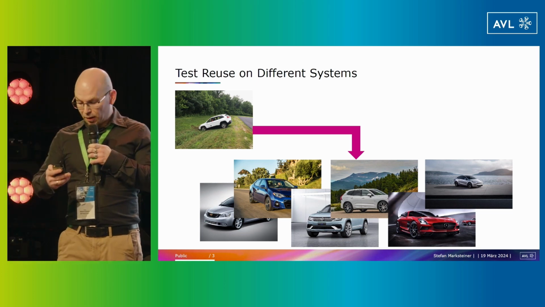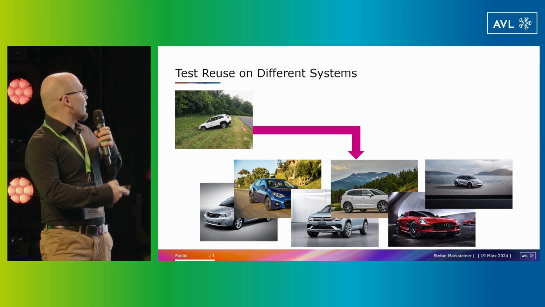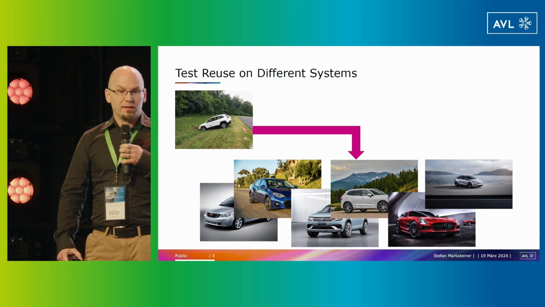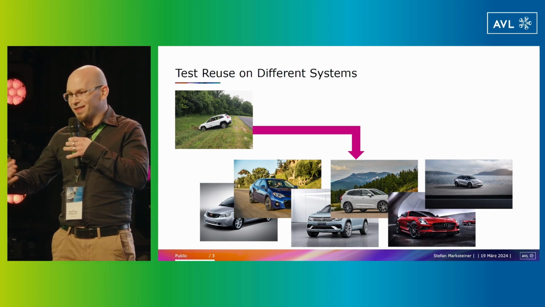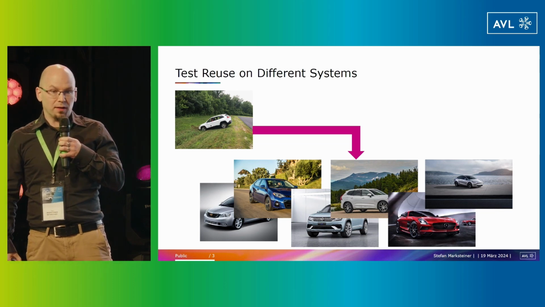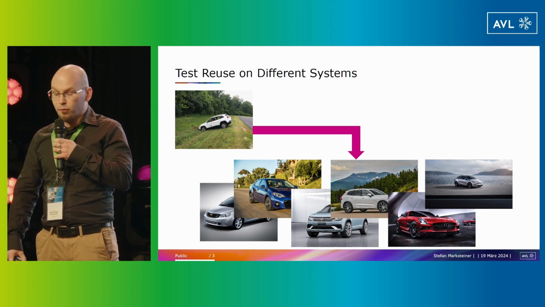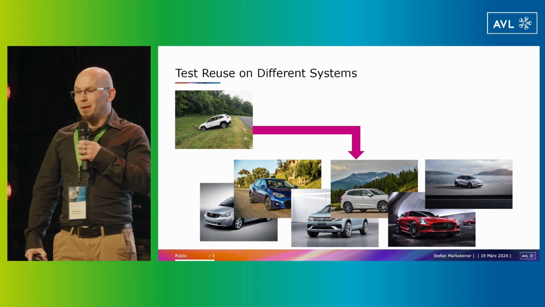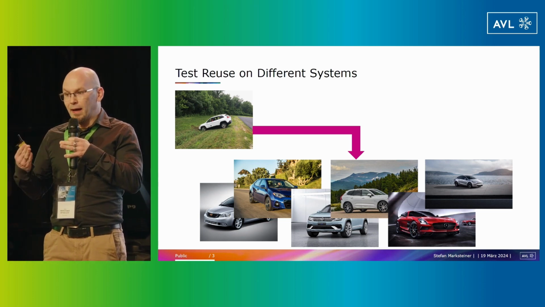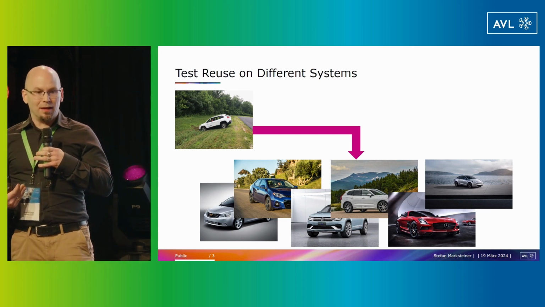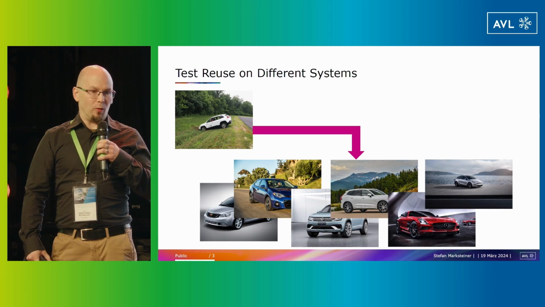So maybe all of you know this picture here on the upper left with the Jeep. And we want to test in our system if this attack would work on our car, basically. But we cannot do this because the CAN frame looks different, the software is different, and so on. So therefore, what we want to do is basically abstract the attack, or let's say the structure of the attack, and then feed it back onto the system we want to test.